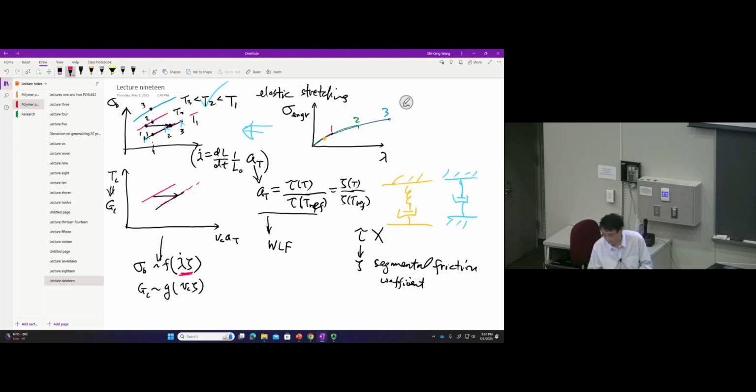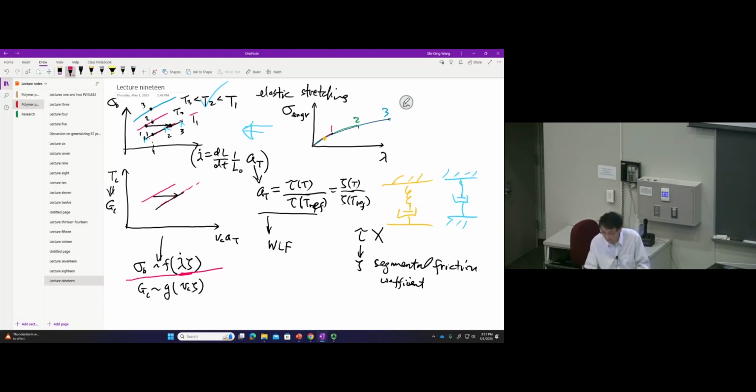In other words, I'm repeating what I have said before: this shift, if it is to be accepted, you are really implying that your material is being dictated by this product of friction coefficient times so-called deformation rate.